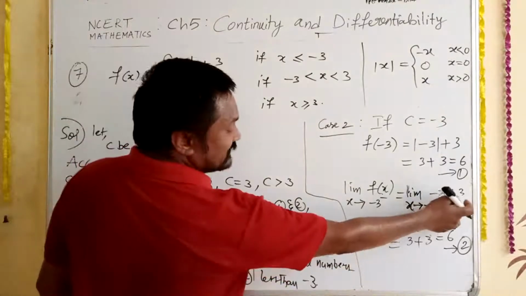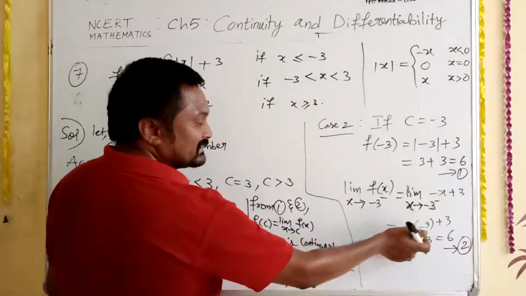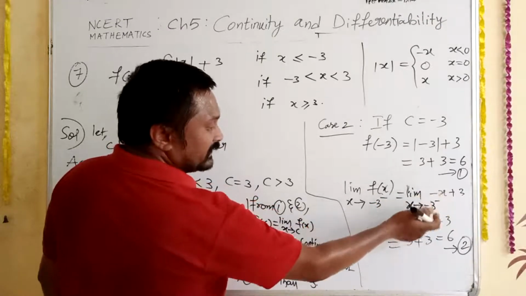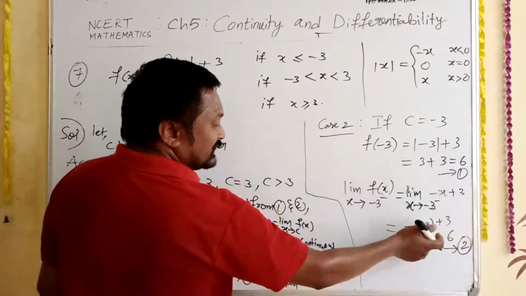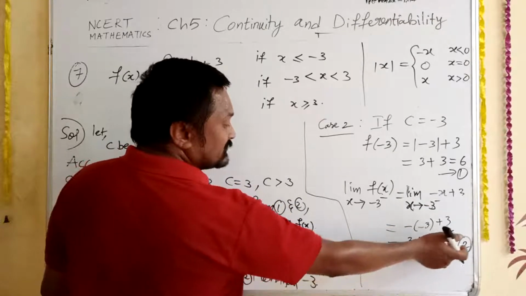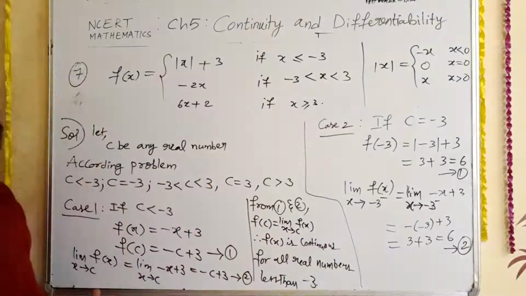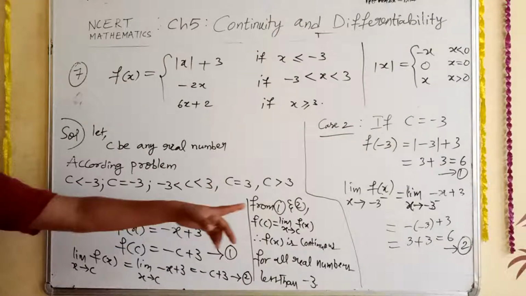So we write minus x plus 3, and substituting x as minus 3, minus into minus is plus 3, and 3 plus 3 is nothing but 6. So 2 equations are finished.